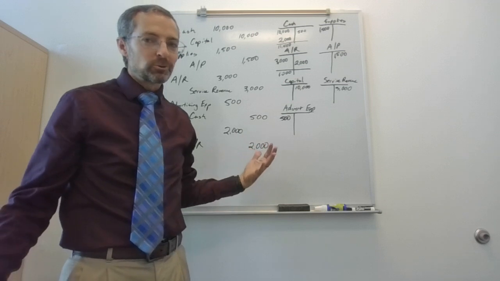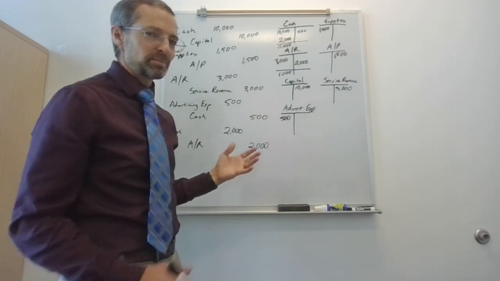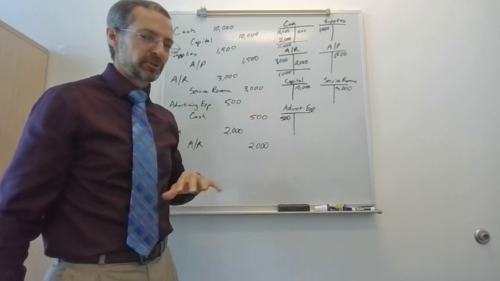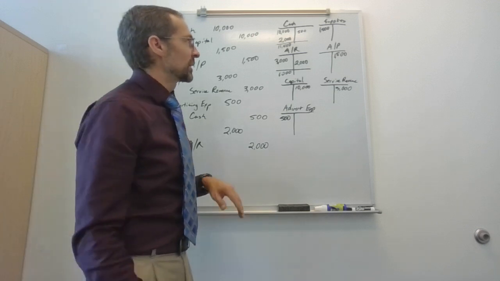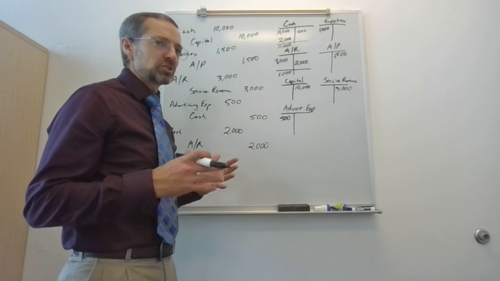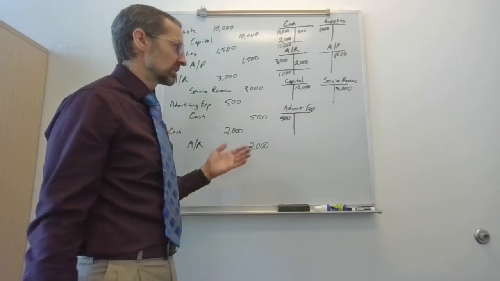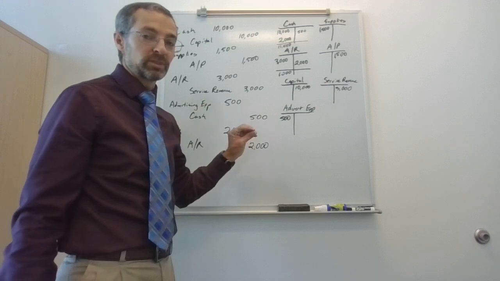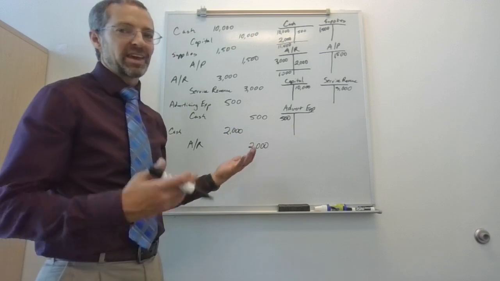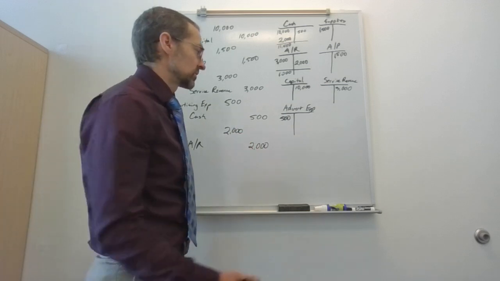They usually are in order, but just to be sure, make sure you do it in asset, liability, owner's equity, revenue, expense order. So my first one that I'm going to put down is cash. Cash should almost always be first on your trial balance because we also put it in order of liquidity, meaning how fast can it be turned to cash. And cash is already cash, so that one goes first.